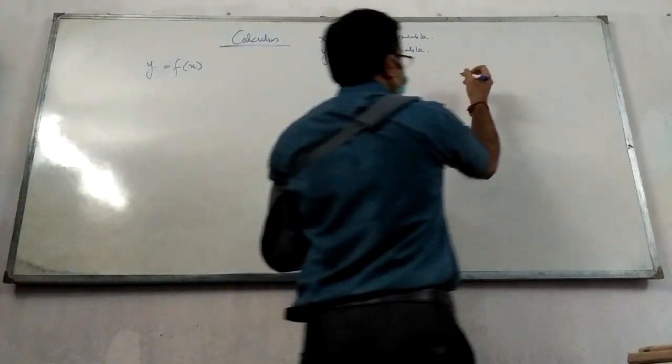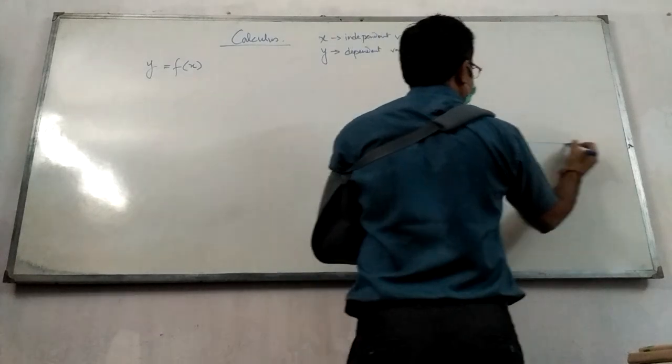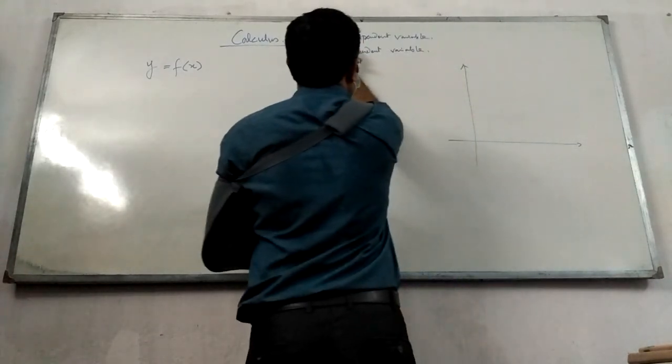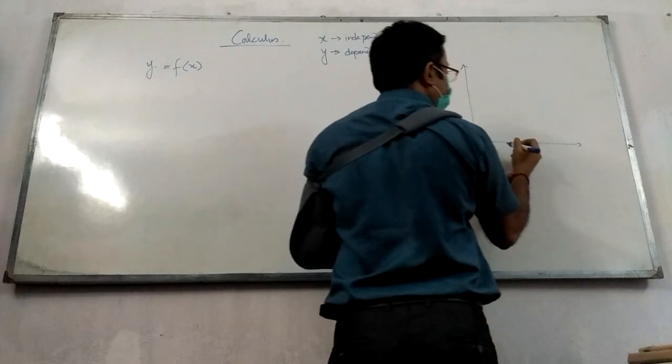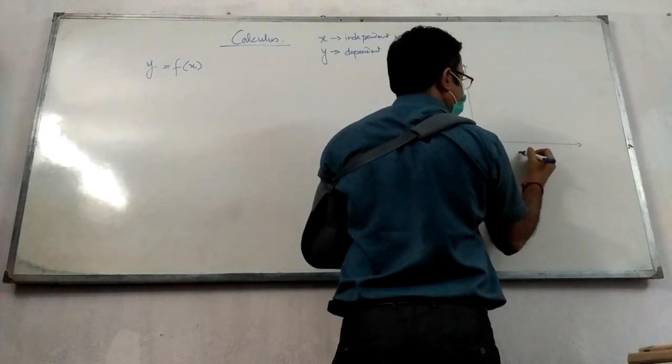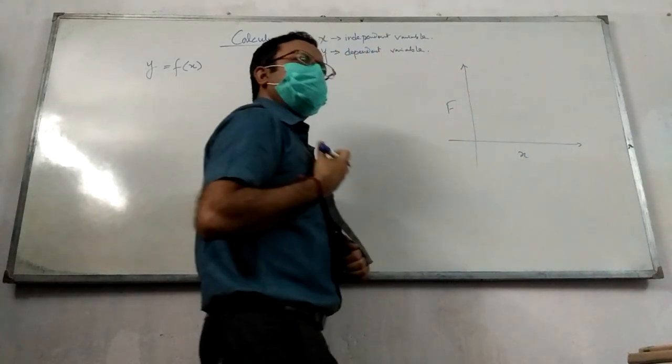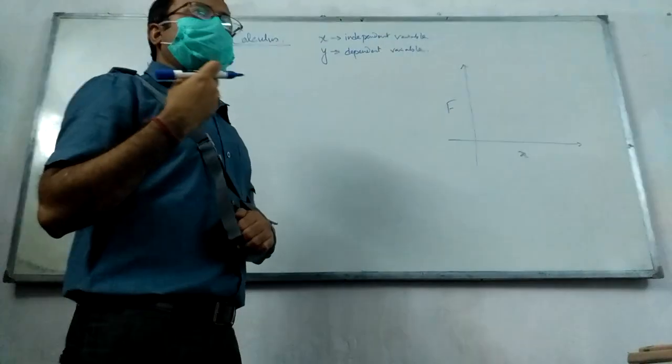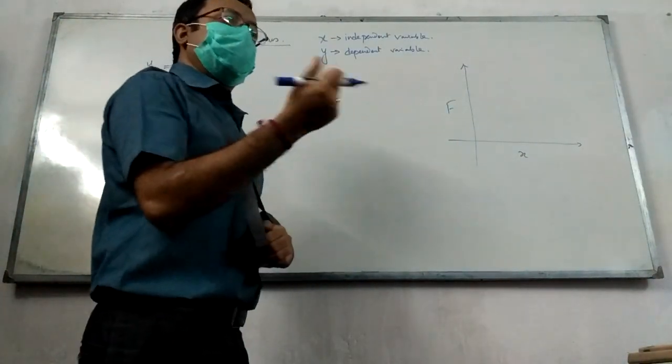See, in general, our independent variable is on one axis of the plot, right. So if we take a force versus displacement graph, displacement is the what? Independent variable.